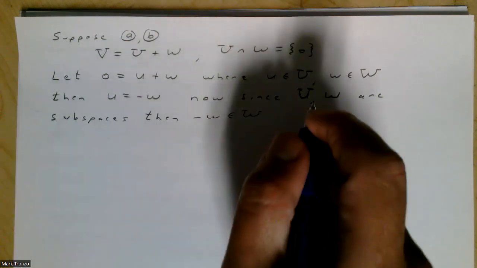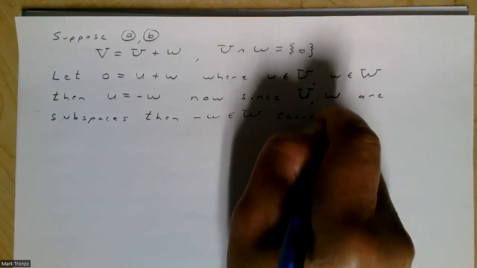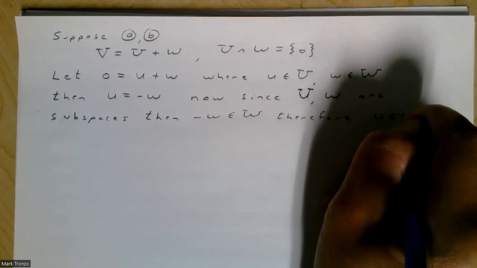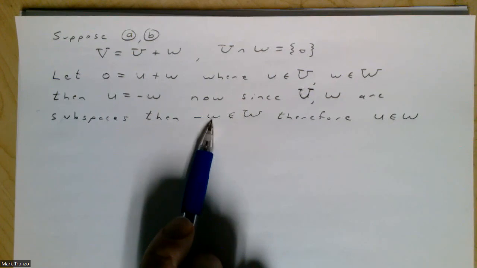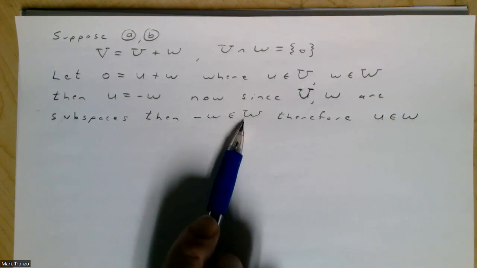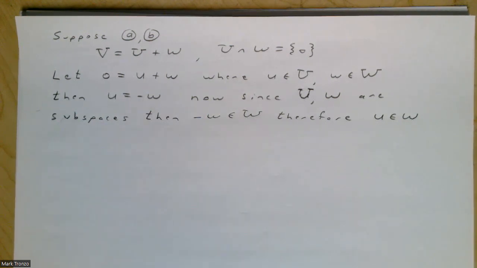And now, of course, therefore, u is going to be in W because u was equal to minus w, and it's in W, so that means u is in W since they're equal.